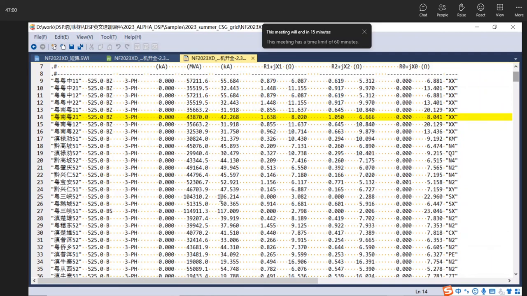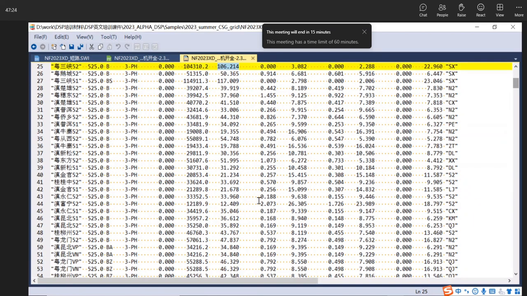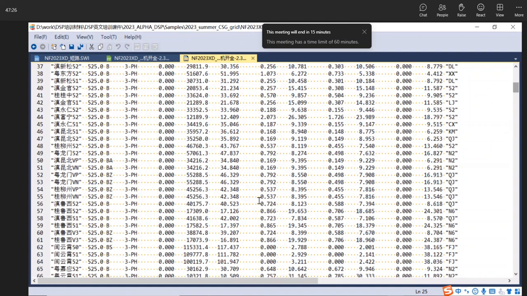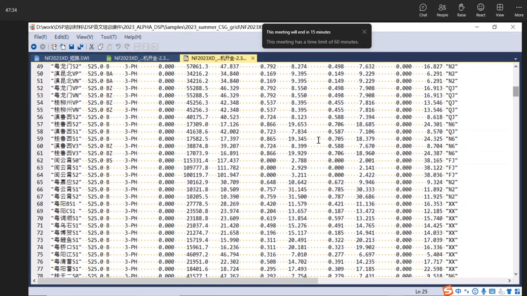And we can see, for example, this station has a very big current, and we should report to the device checking department. Tell them to check and simulate all the switches and breakers in this station. It gives us a reference. We focus on the speed and the efficiency. As for the accuracy, it's acceptable.